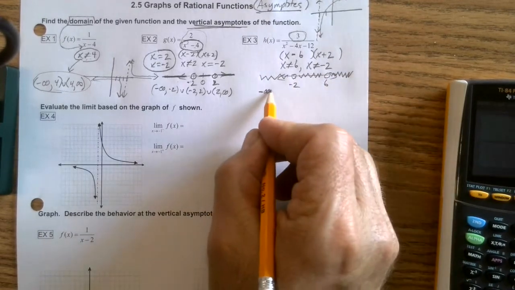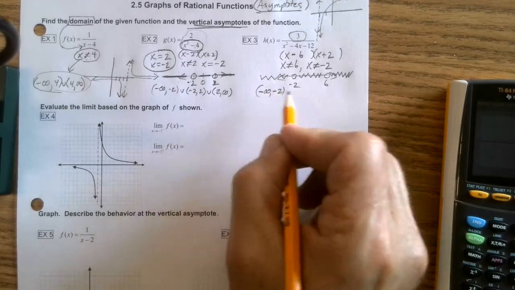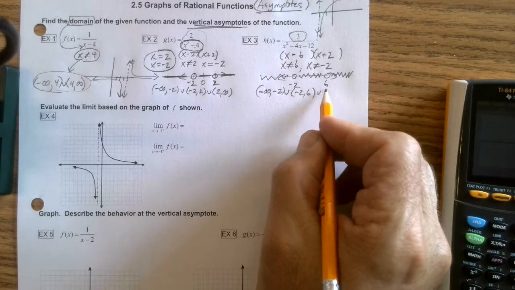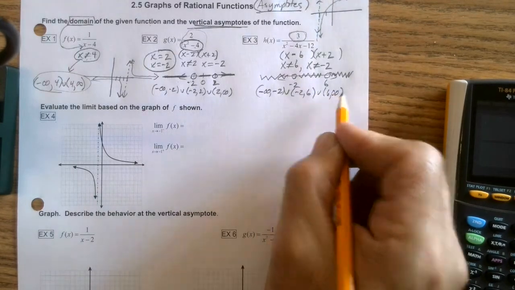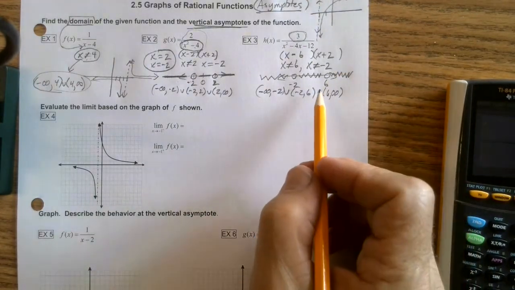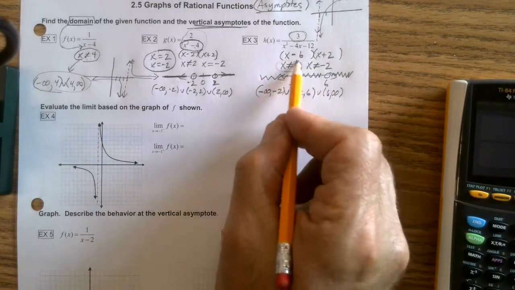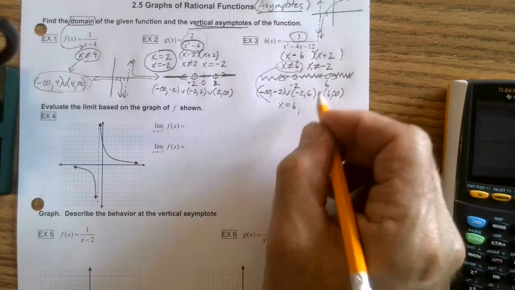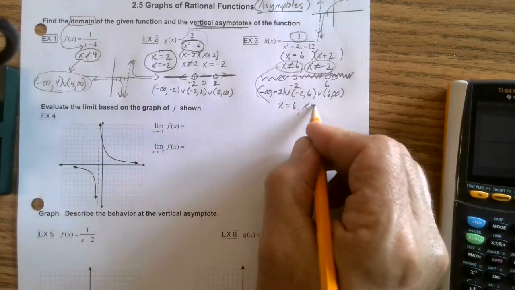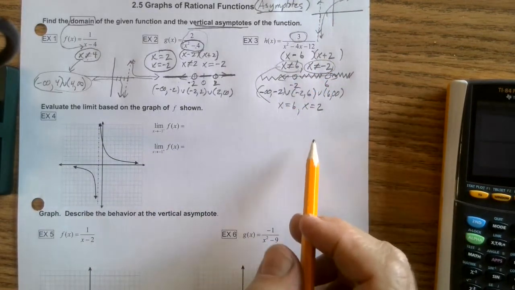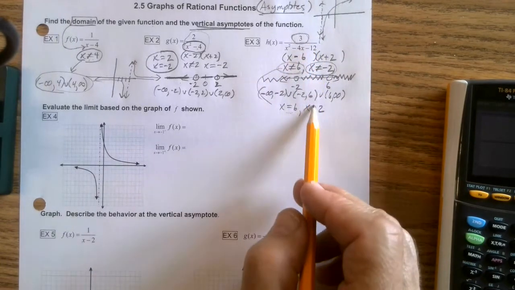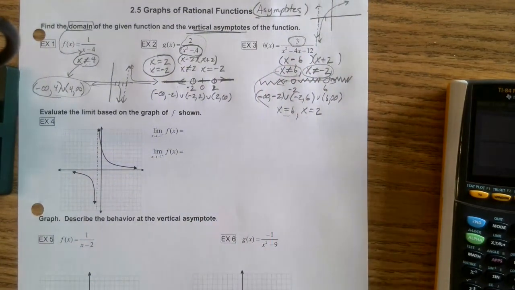So I'd say negative infinity all the way up to negative 2, together with negative 2 all the way to 6, and then from 6 all the way to infinity. Now what are my vertical asymptotes? It's what x cannot be, so they would be x equals 6 and x equals negative 2. They would be lines, just like this dotted one, that the graph would never cross.